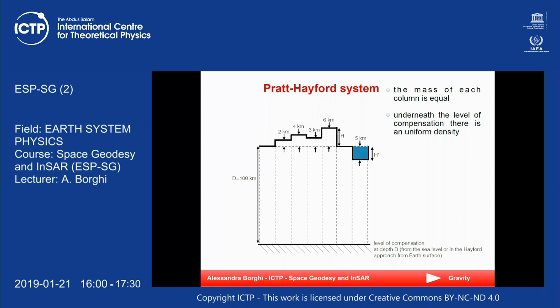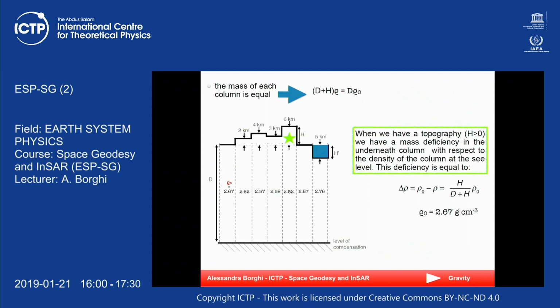So he says the mass of each column has to be constant to have the same level of compensation. This means that the density changes column by column if the mass has to be the same, and we have different heights or also different composition.